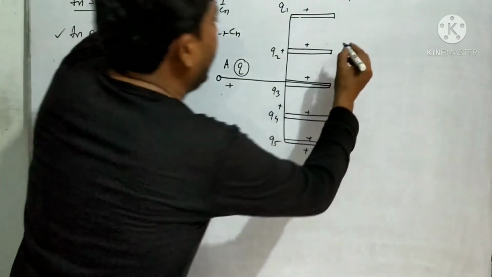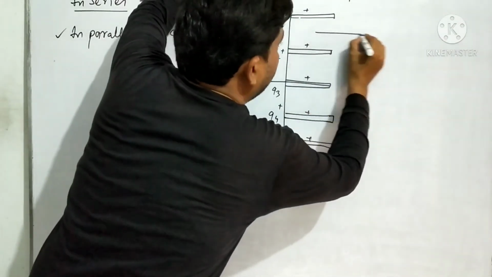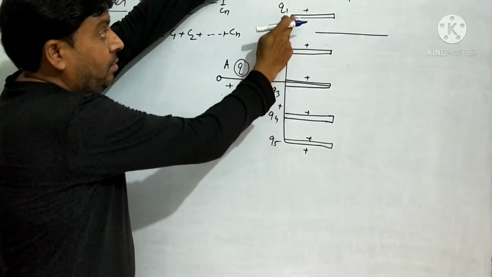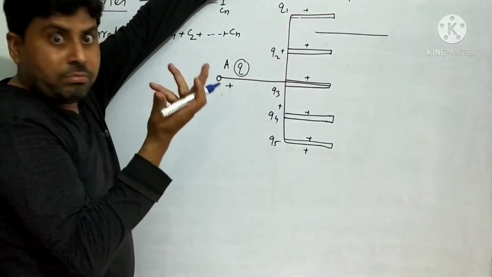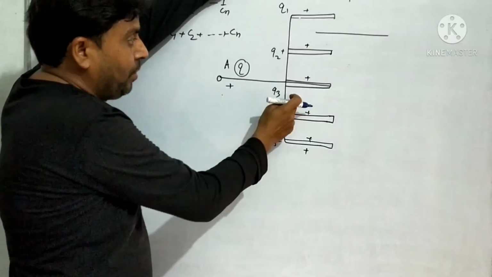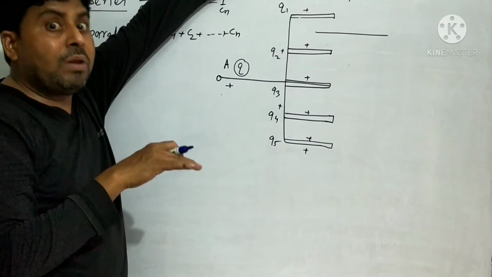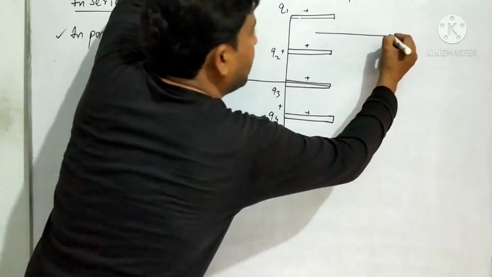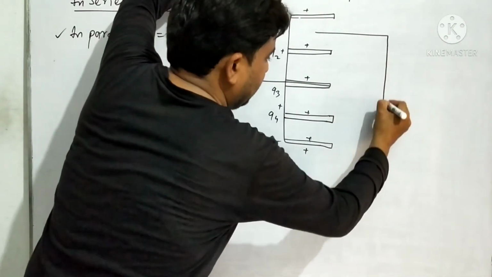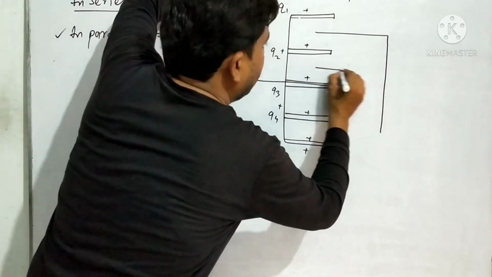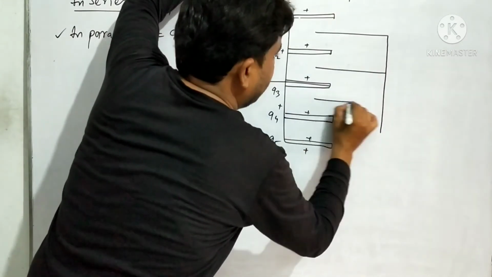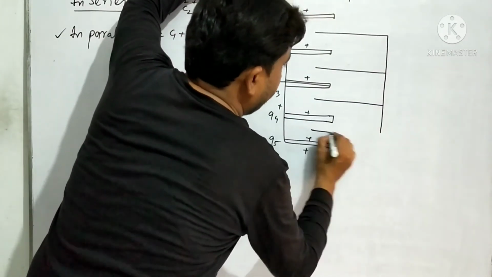Now, another. It is not a capacitor. Positive, no capacitor. Positive, no possibility of a capacitor. How will it make a capacitor?